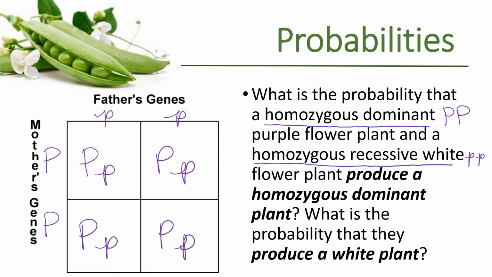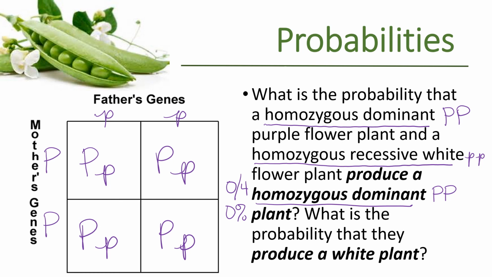So what's the probability that we produce a homozygous dominant plant? That means what's the probability of us getting a plant with 2 big P alleles? Well, I don't see any of that in my Punnett square. So the probability that we produce a homozygous dominant plant is 0 out of 4, or 0%. Now what's the probability that they produce a white plant?